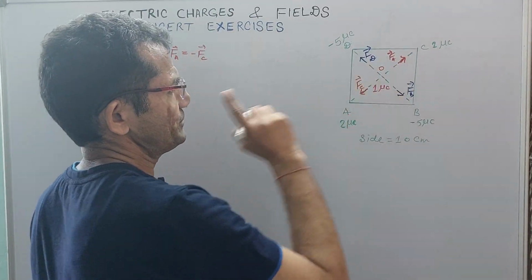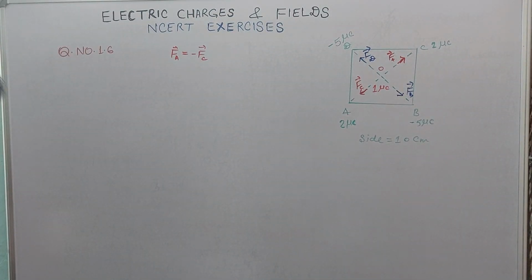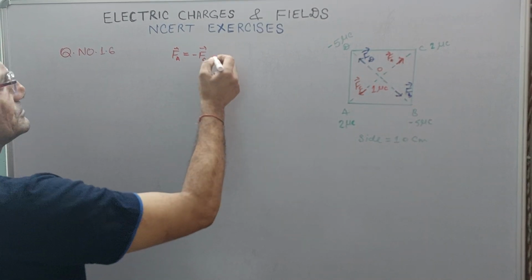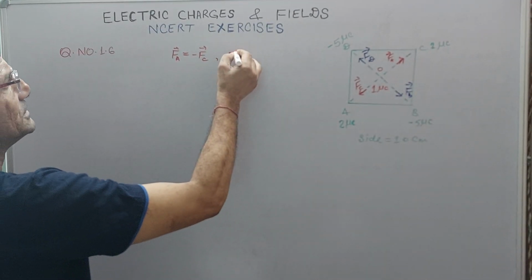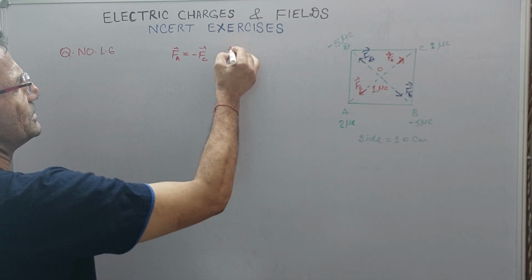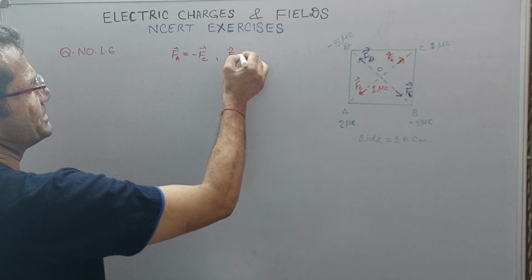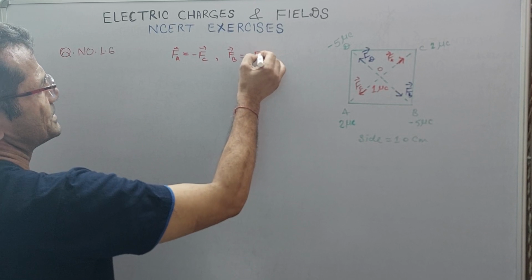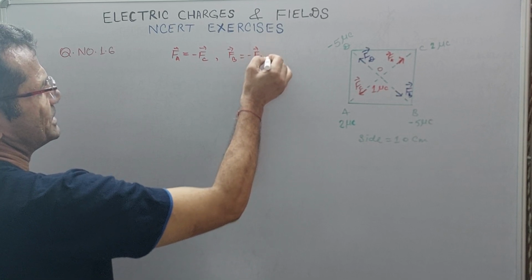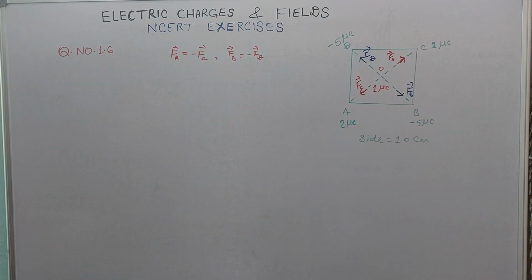So FD and FB are again equal. FD and FB both are equal. Therefore force FB is equal to minus FD. So they are all equal and opposite.